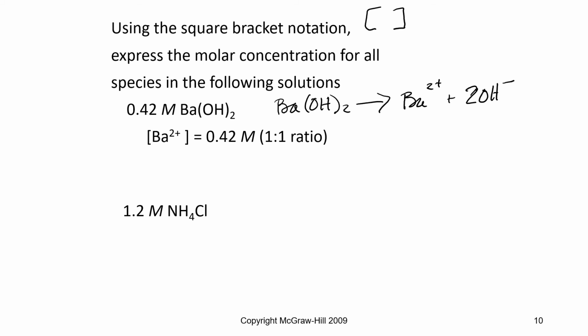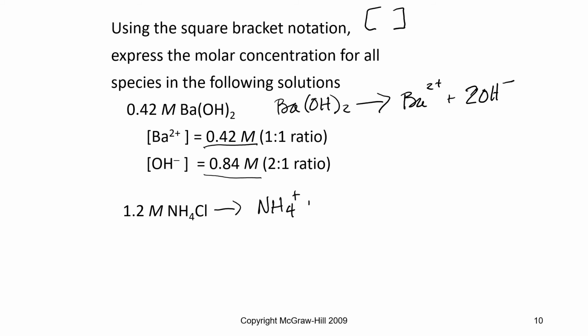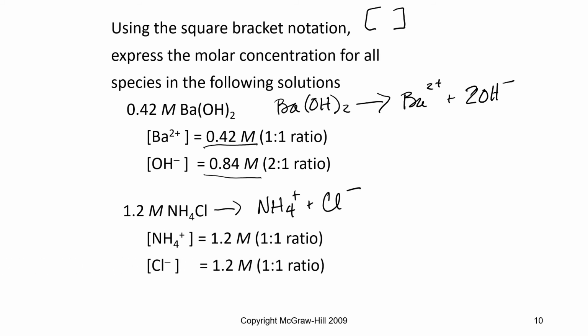So the molar concentration of barium 2+ is going to be the same concentration as the solution itself. However, the hydroxide concentration is 2 times that. So 0.84 molar here. And here, when this dissociates, we get an ammonium ion and 1 chloride ion. And this is a 1.2 molar solution. So each of those ion concentrations is 1.2 molar.